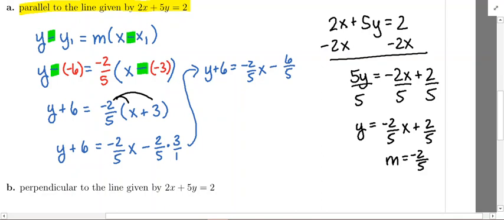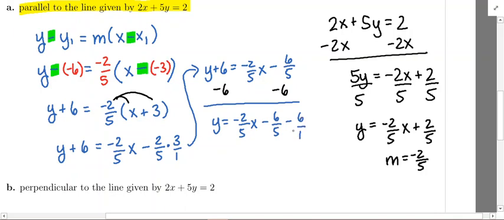The y is added to 6, so we've got to undo that by subtracting 6 from both sides. So we're going to get y equals negative 2/5 x minus 6/5 minus 6. I'm going to go ahead and put the 6 over 1. We need to combine the numbers, the negative 6/5 minus 6.